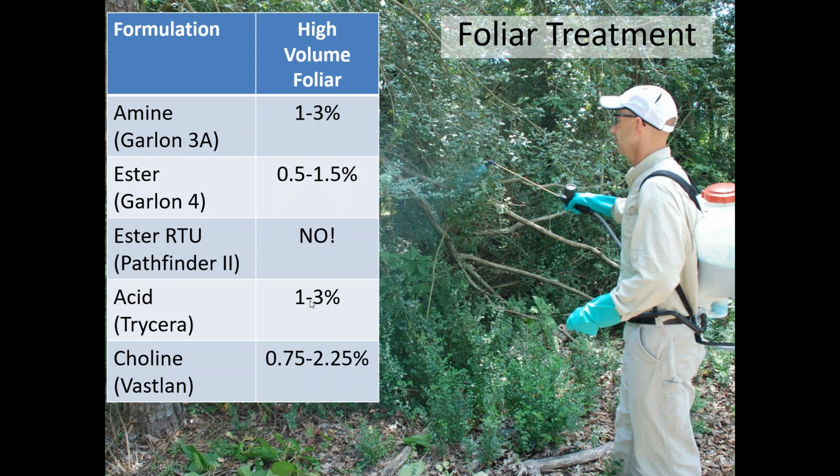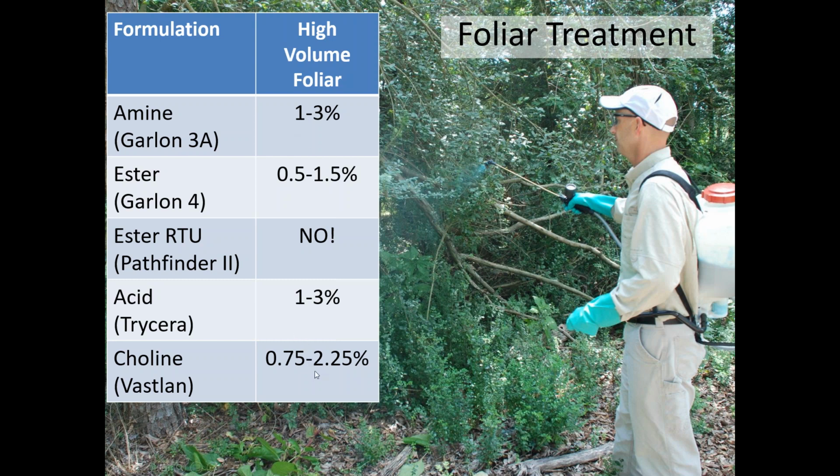Some people say you can cut it in half compared to the amine formulation, suggesting it's a much hotter version of Triclopyr, or more similar certainly to the ester formulation than it is the amine formulation. We've done quite a bit of studies here in Florida, and we have found that it certainly tends to perform a lot more like the ester formulation in terms of its level of efficacy compared to the amine.